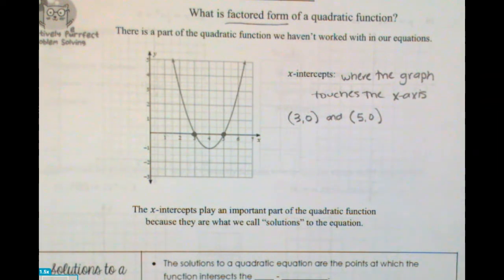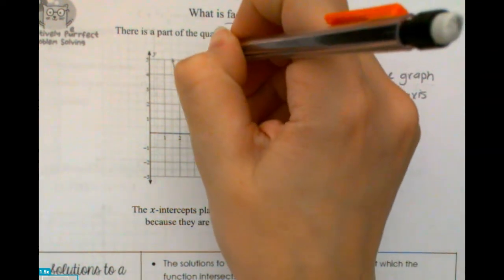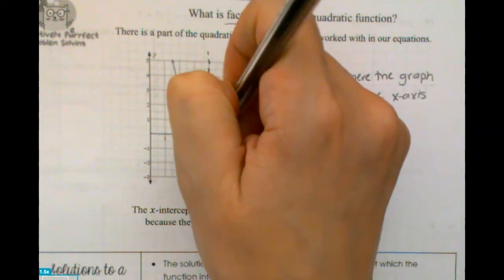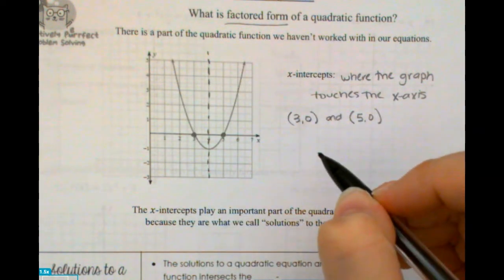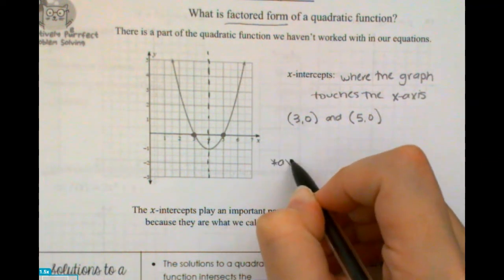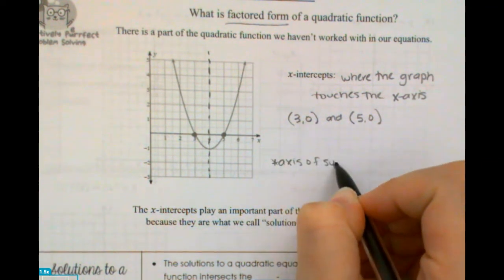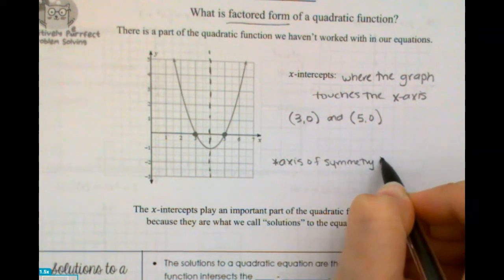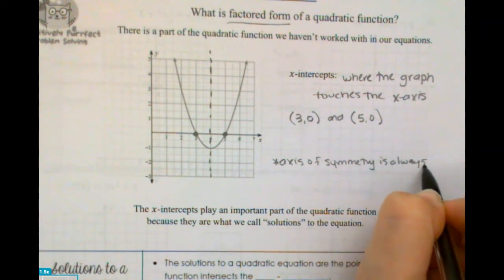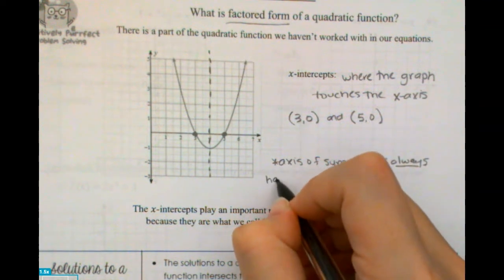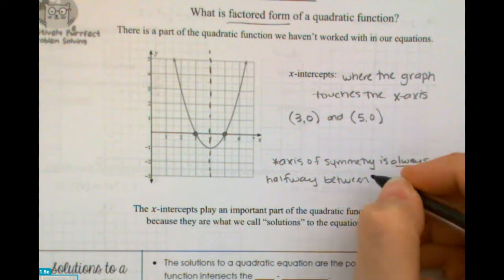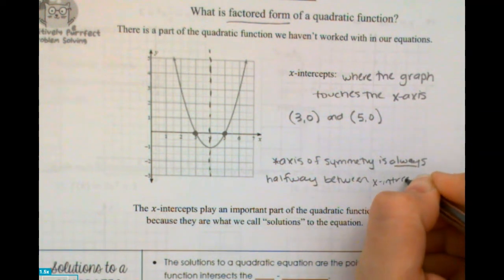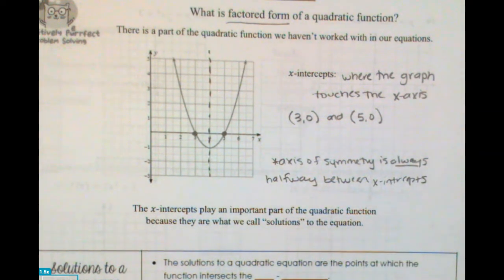Something cool to note is that if I label the axis of symmetry, which by now we should know is that invisible line that cuts right through the middle, the axis of symmetry is always halfway between the x-intercepts, which is just an interesting pattern in your parabolas.